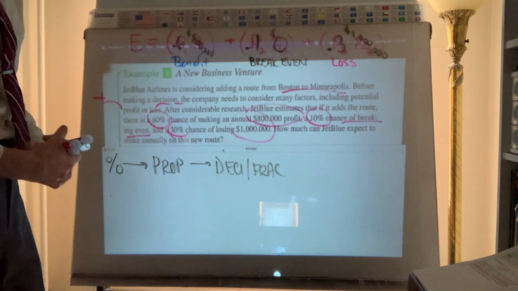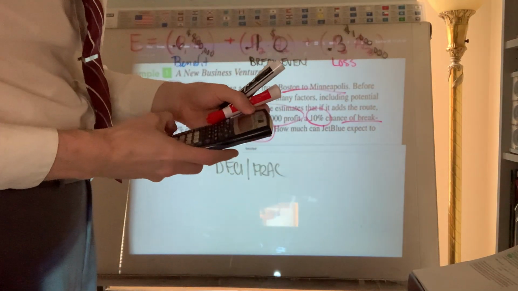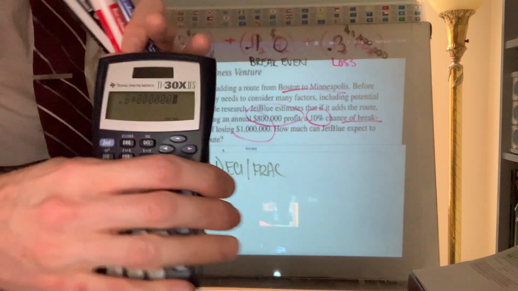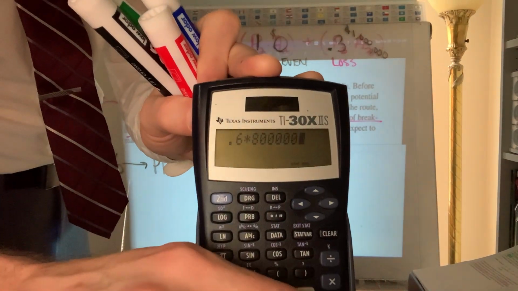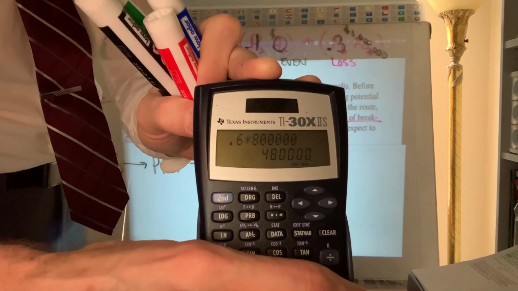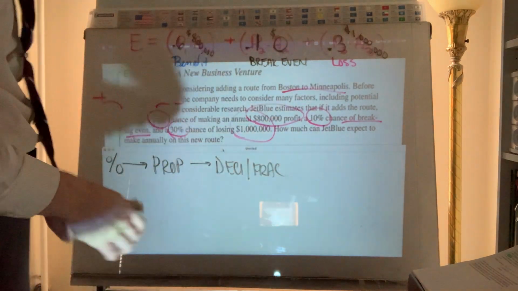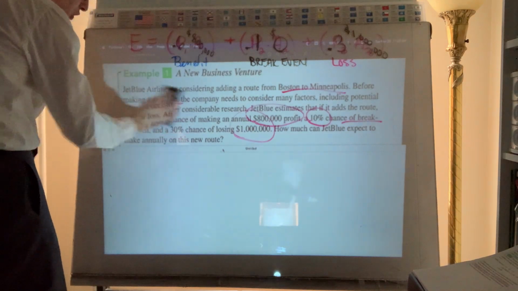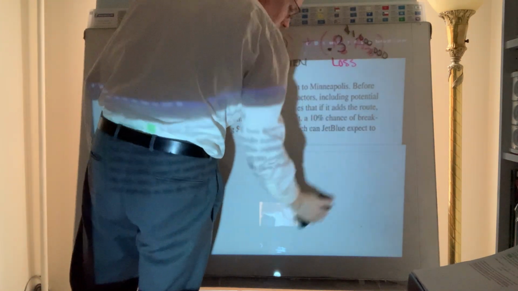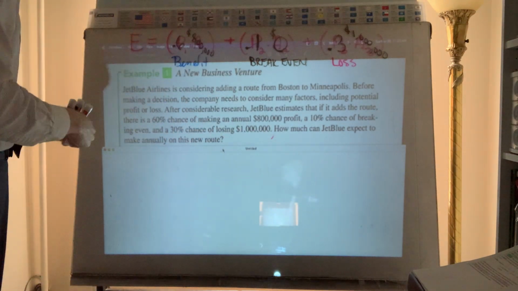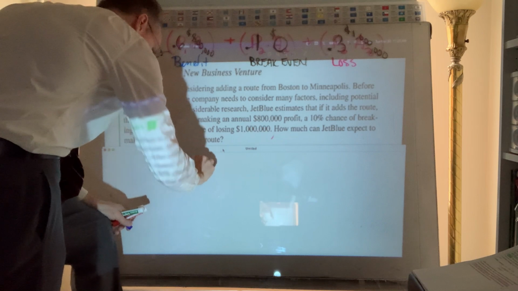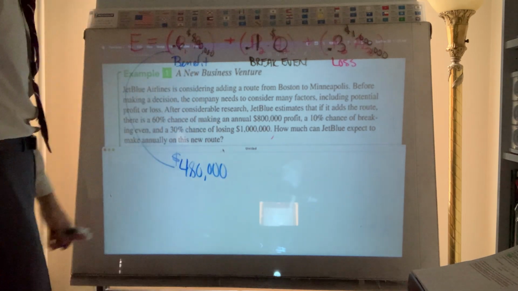If you multiply, and you could use a calculator if you like, 0.6 times 800,000, you would have something like this, and you see that it is 480,000 for the expected benefit portion here. So the benefit is potentially $480,000 overall.